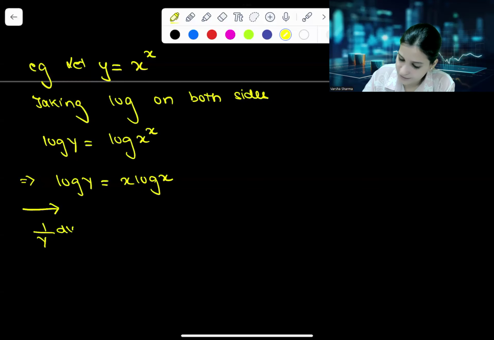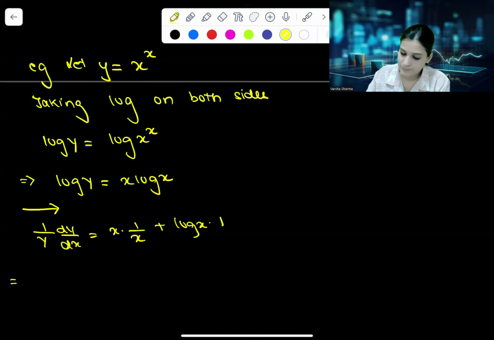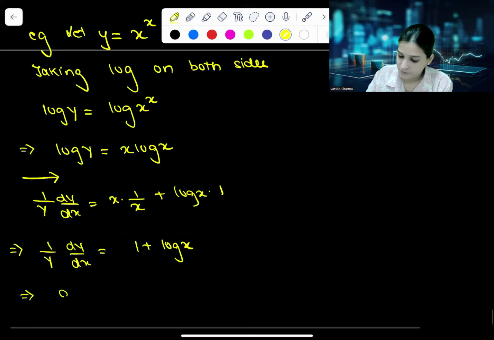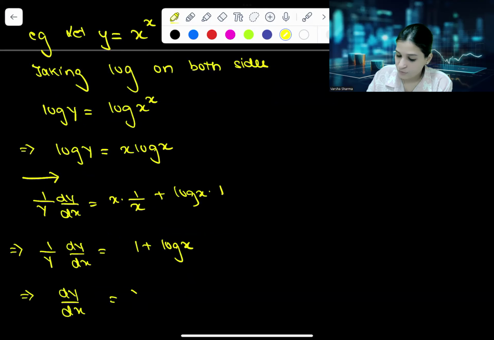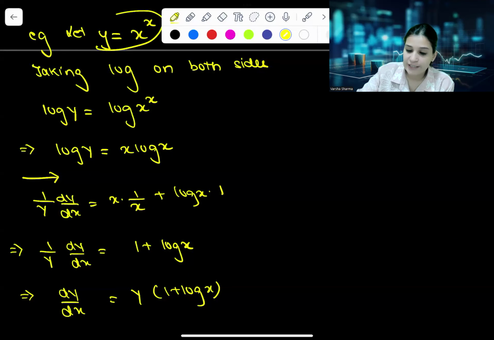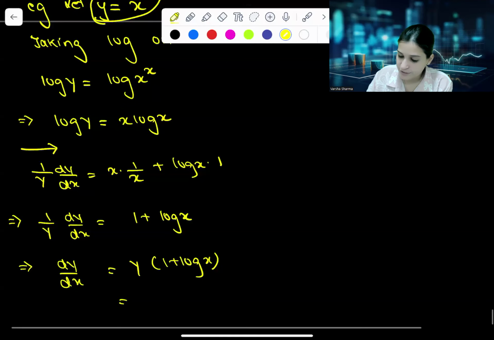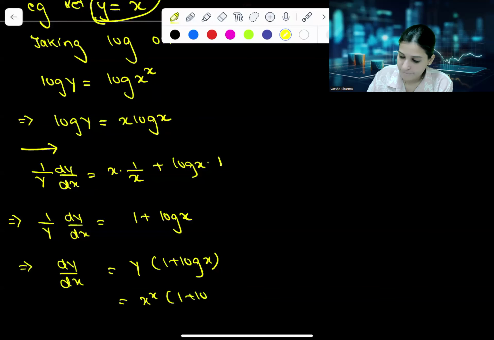Log y gives 1 by y dy by dx. x log x, product rule: x times 1 by x, log x times 1. So 1 by y dy by dx equals 1 plus log x. dy by dx equals y into 1 plus log x. So y was what? x power x. Substitute it again. So that's our answer.